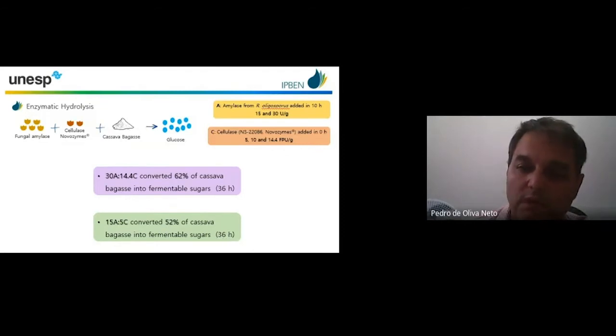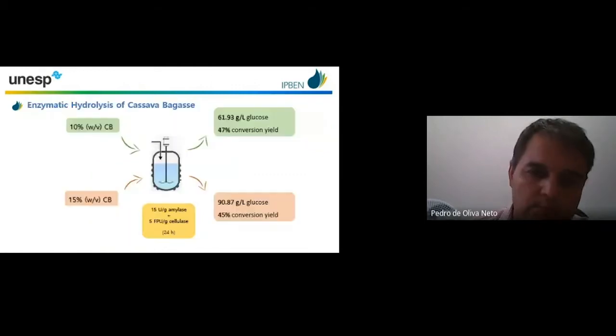So it's very interesting, considering cassava bagasse costs about 30 reais per ton, with 85% moisture. So it's very economic.